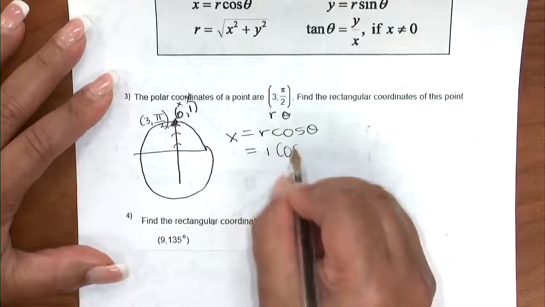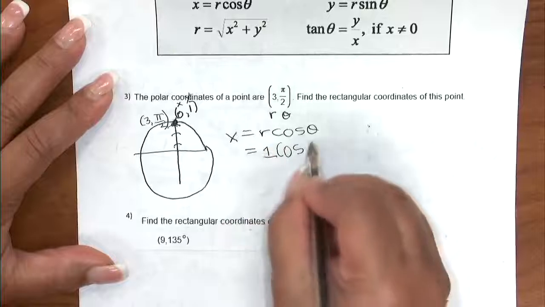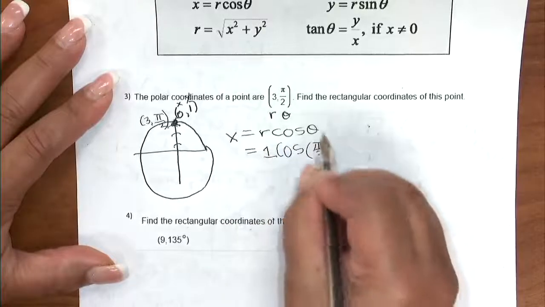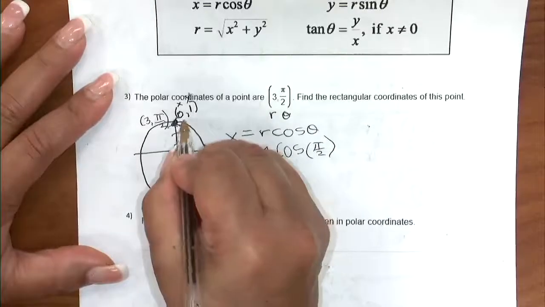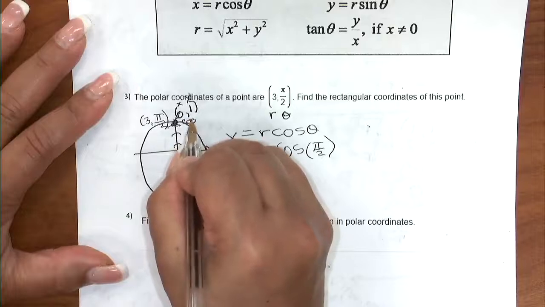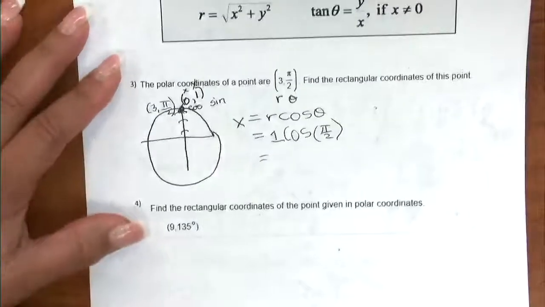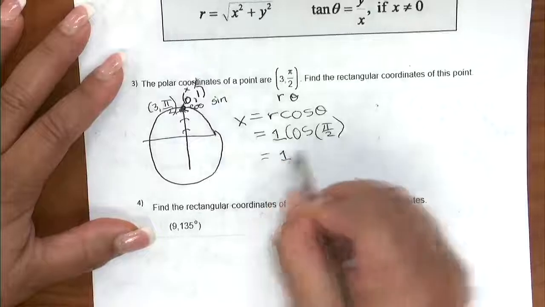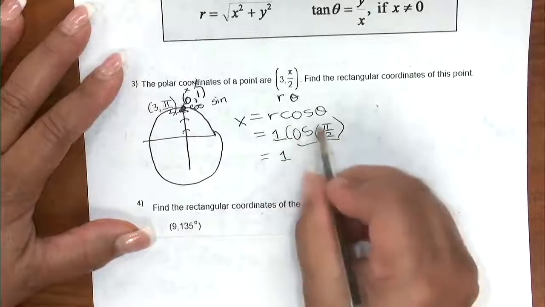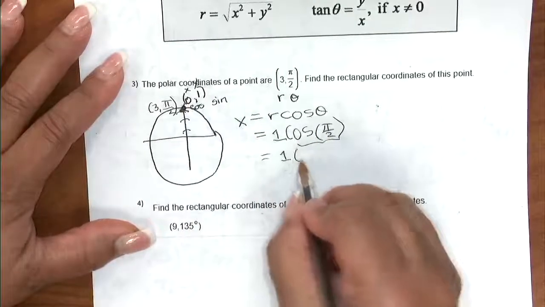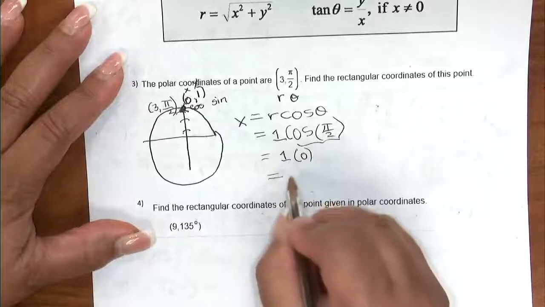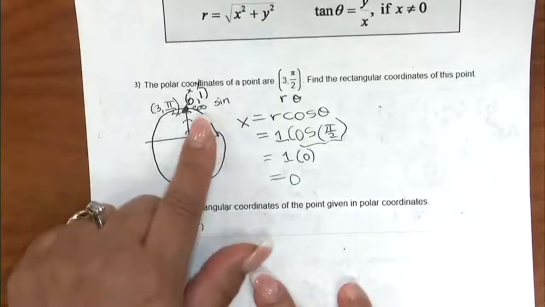You'd be doing 1 times cosine of pi over 2. And if you remember, this is the cosine, and this is the sine. So when you get done doing all this work, the cosine would be the x value, and you would end up getting 0.